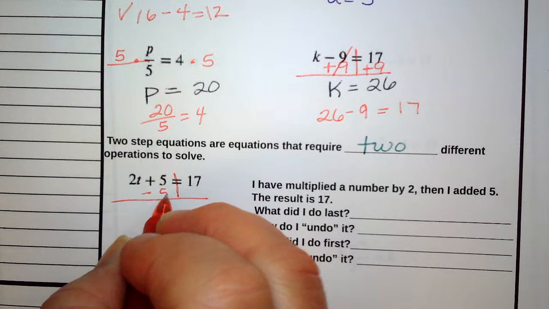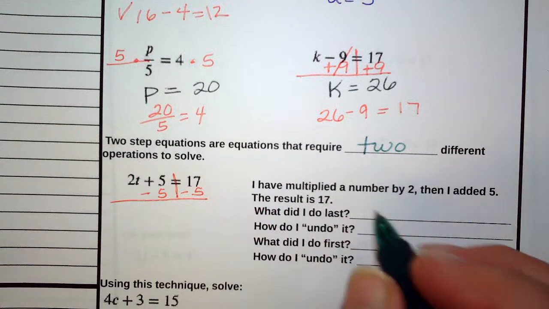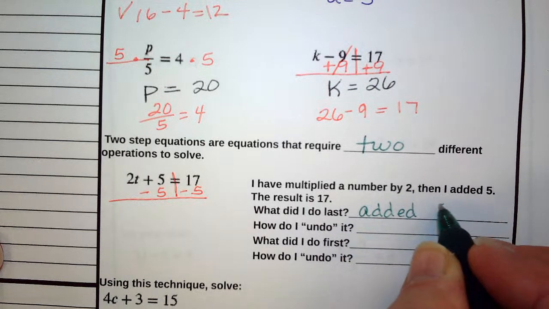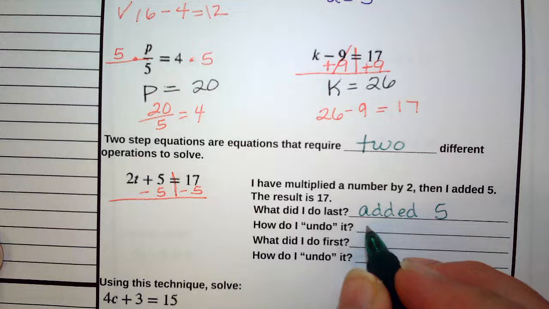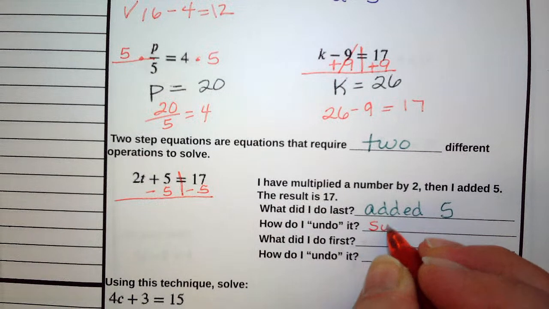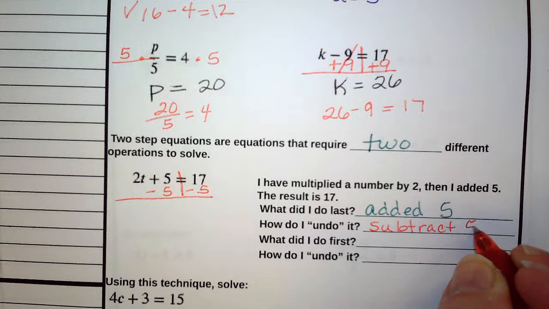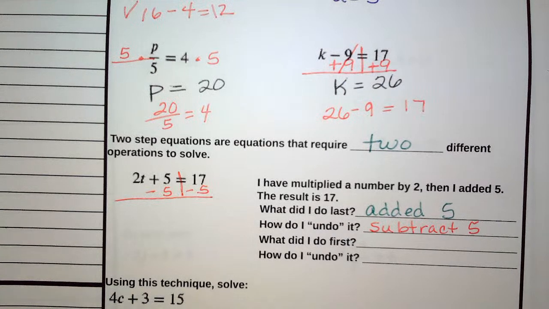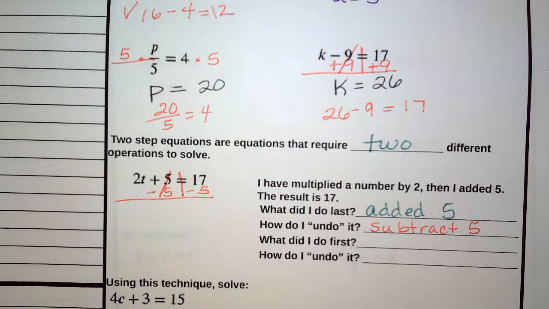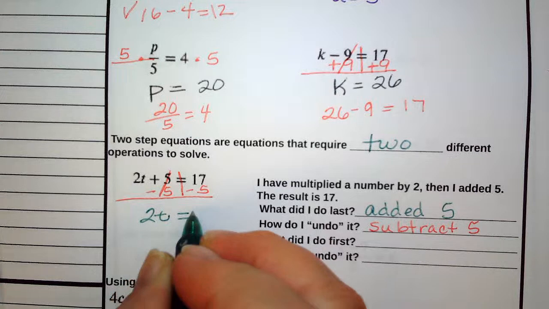So I'll subtract 5 from both sides. I added 5, so now I'm going to subtract 5. Five plus negative 5 is 0. And I end up with 2t is equal to 12.